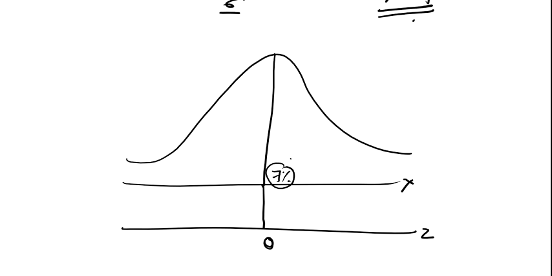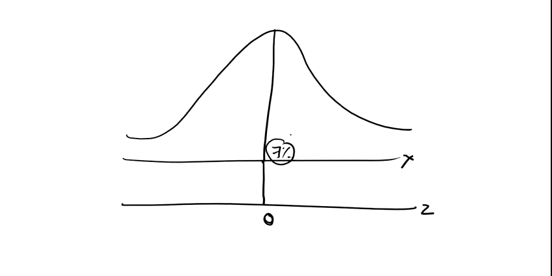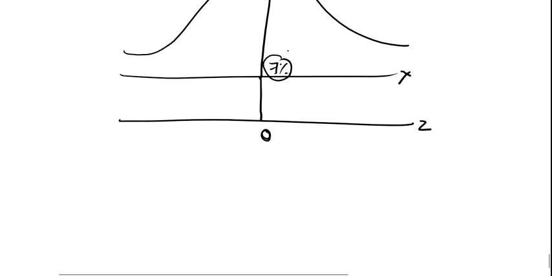It means I am trying to standardize my normal distribution so that it will be easy for the purpose of calculation. And when I am dividing it by standard deviation, to ensure that, suppose my standard deviation is 2, it means for 2 standard deviations I have x minus mu.